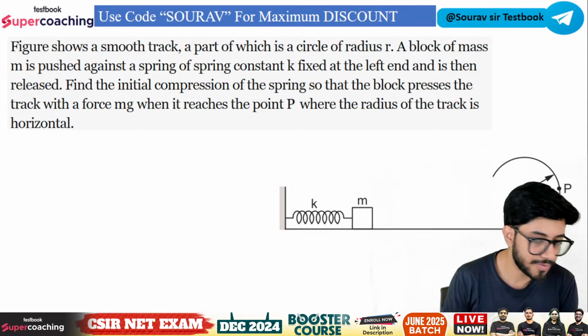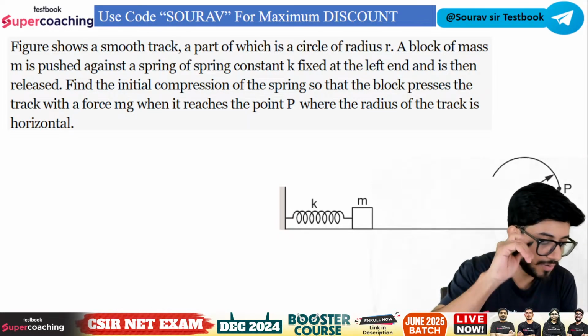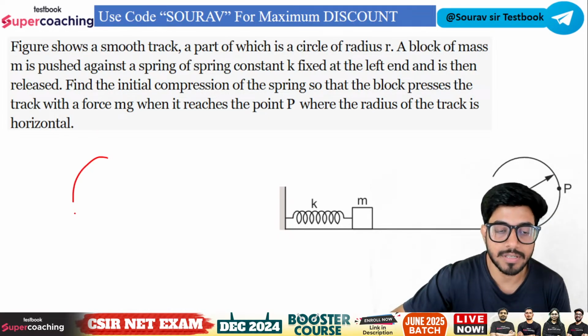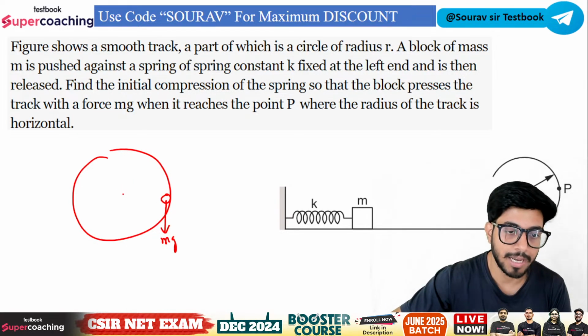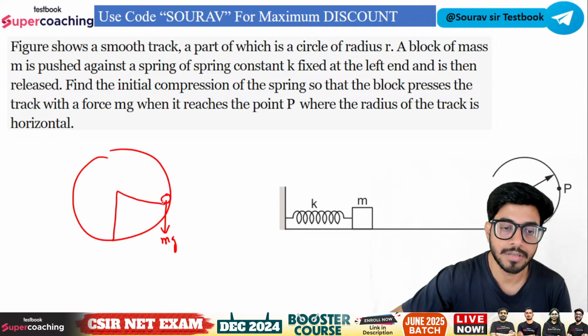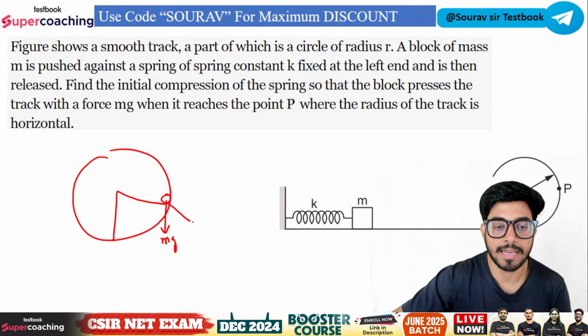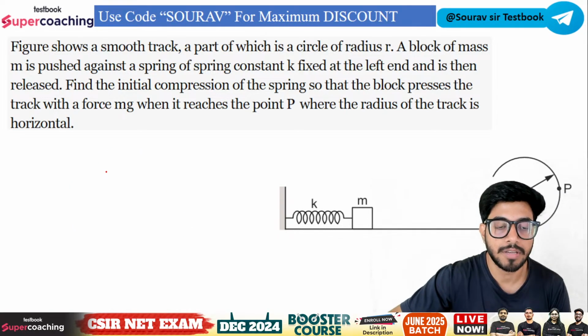At any point of time during the motion in a vertical circle, suppose this is your circle and the particle is here. It has two forces. This is mg, and mg can be resolved into two components.